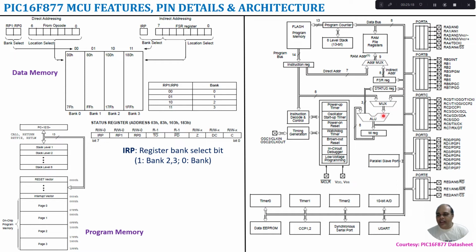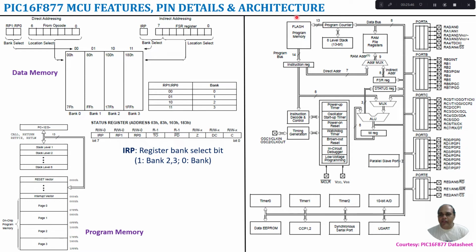The second data to the ALU can come through this file register, or from an instruction, or from the external memory. That is also possible. Once ALU has performed the computation, the result can be stored in the W register. From the W register, it can be loaded onto a RAM memory or an external memory.